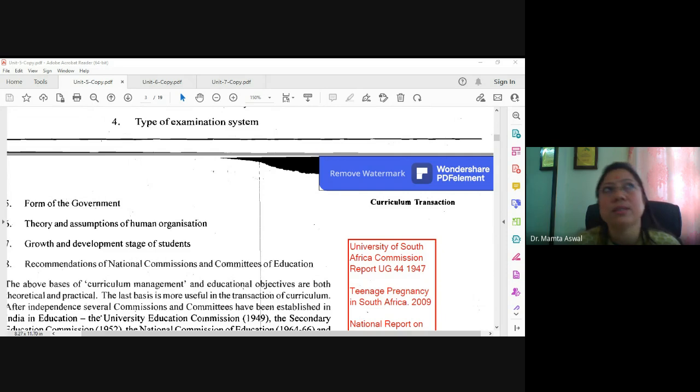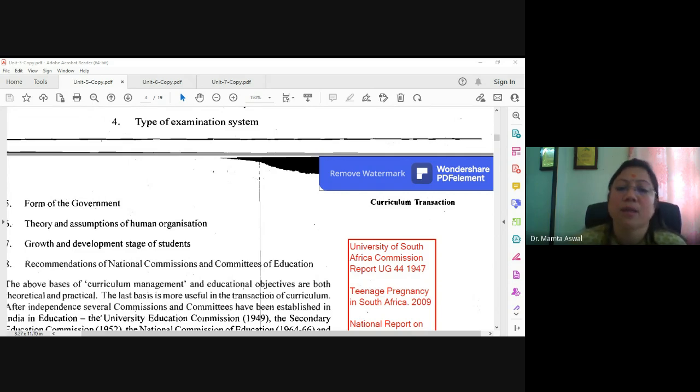For example, for a child of 7 or 8 years, what kind of social development is necessary, what kind of emotional development is required, and what will be his physical growth. These are also considered.